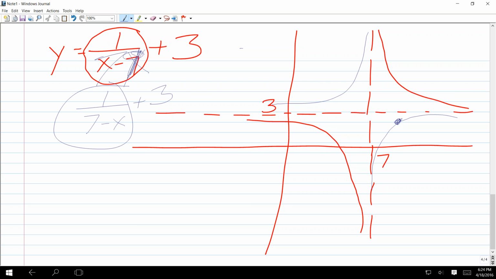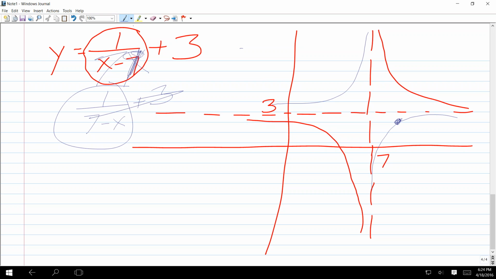So the best way to really determine which quadrant you're in is to plug in a number and make sure that it puts it in the right quadrant as to the way you think it is. Okay.